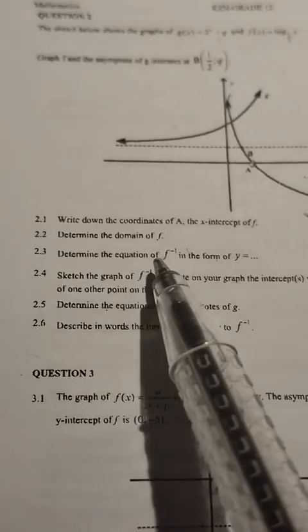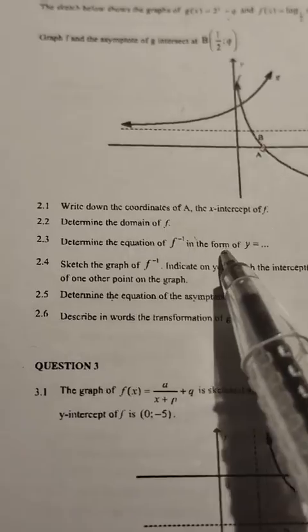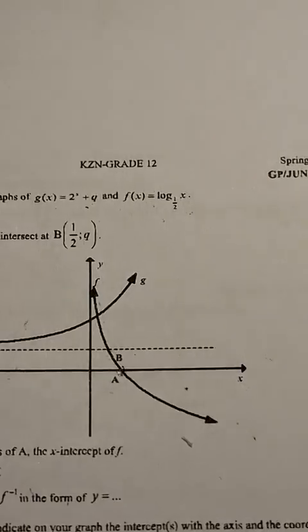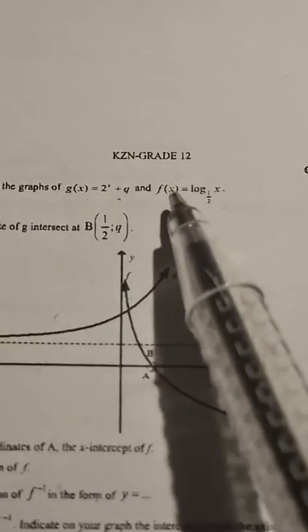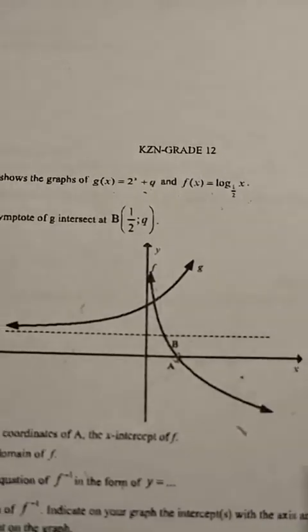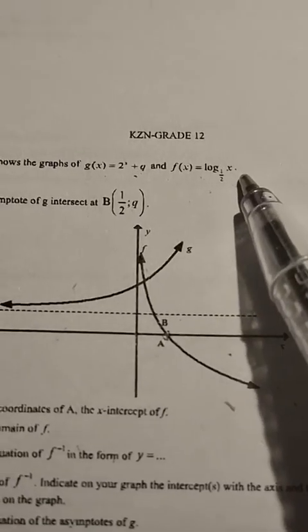Determine the equation of the inverse of f in the form y is equal to. We need the equation of the inverse. The log form here is what we have, so we want the exponential form. That would be the inverse of the log form.